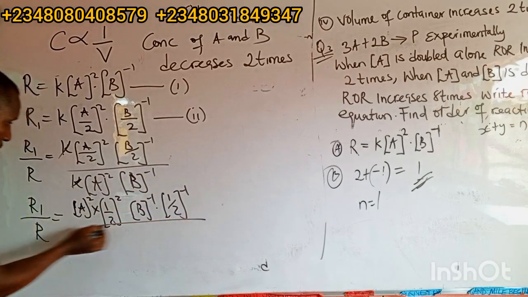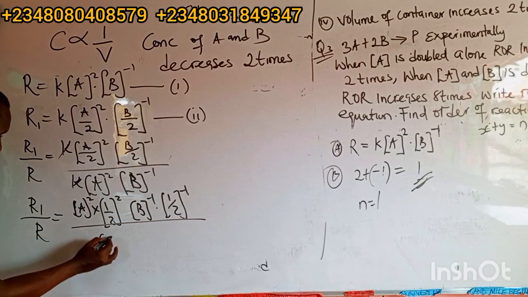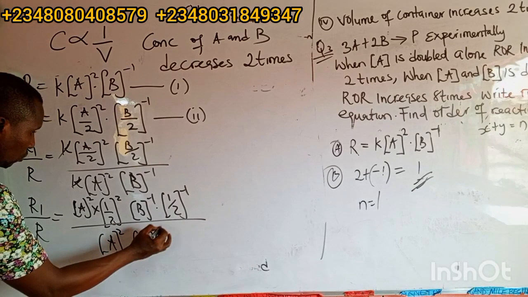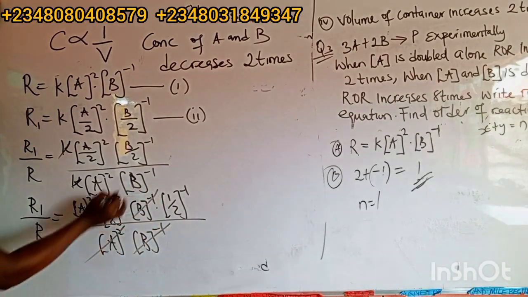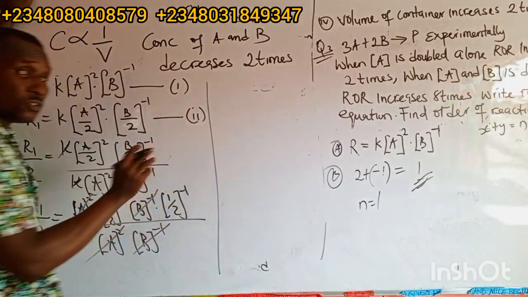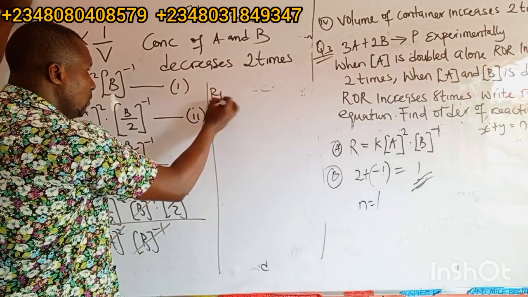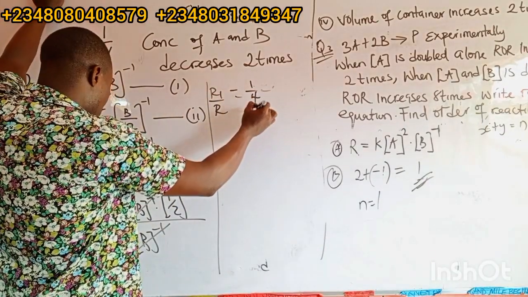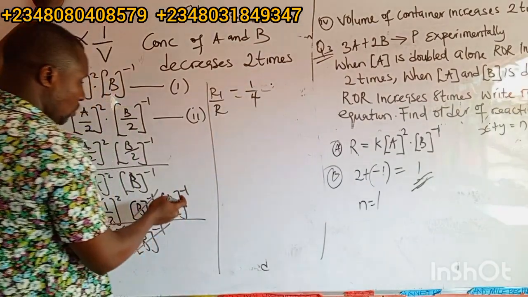Then over A raised to power 2, B raised to power minus 1. Be calm with your mathematics, no rush. R1 over R equal to what do you have here? You have 1 over 4.